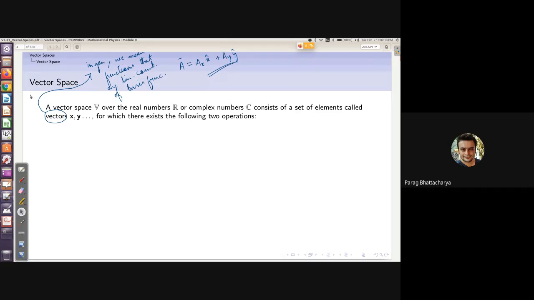Now, what kind of operations can we do on a vector space? There are two operations. One is the addition operation, another one is a multiplication operation. Addition is denoted by the plus sign. Addition is commutative, that is x plus y is equal to y plus x.